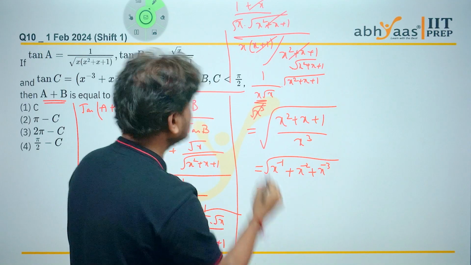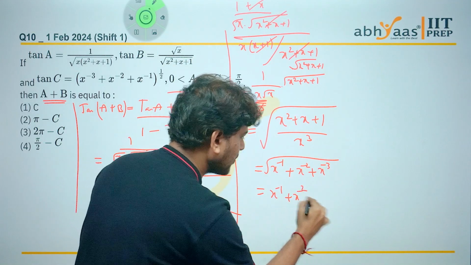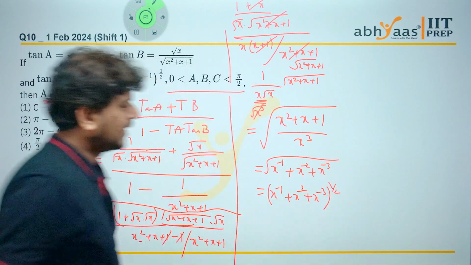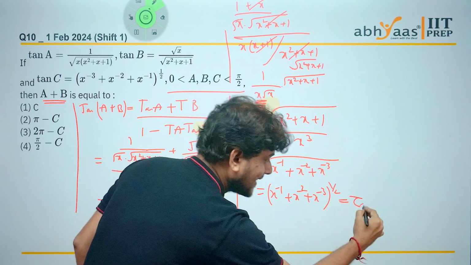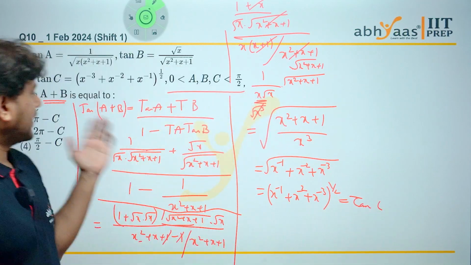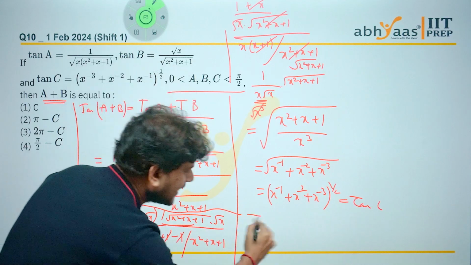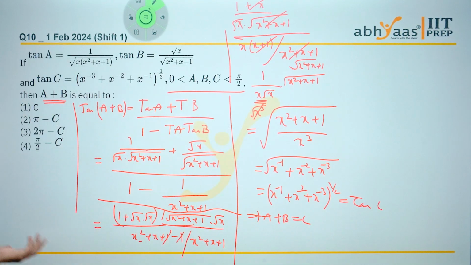Root can be written as power 1 by 2. So x power minus 1, x power minus 2 plus x power minus 3, all to the power 1 by 2. So this is the same as tan C. So tan of A plus B equals tan C. That implies A plus B equals C. And that is our answer.